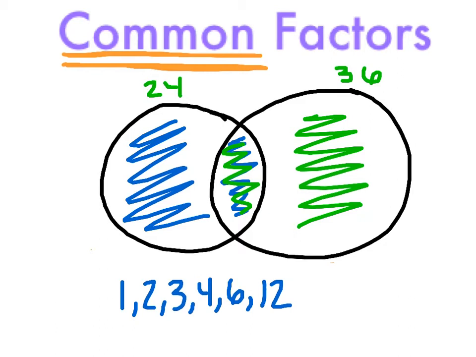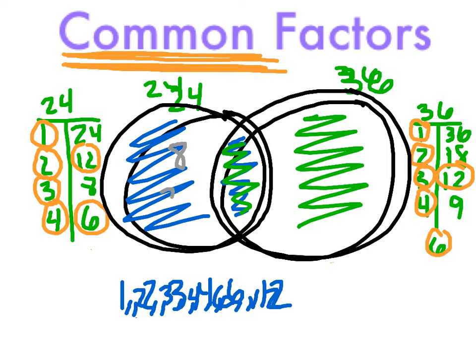Let's see. So for 24, just on the 24 side, these factors only relate to 24. I have an 8 and I have a 24. Because you'll see that these two factors are not in common with 36. On the 36 side, I have 9, 18, and 36.